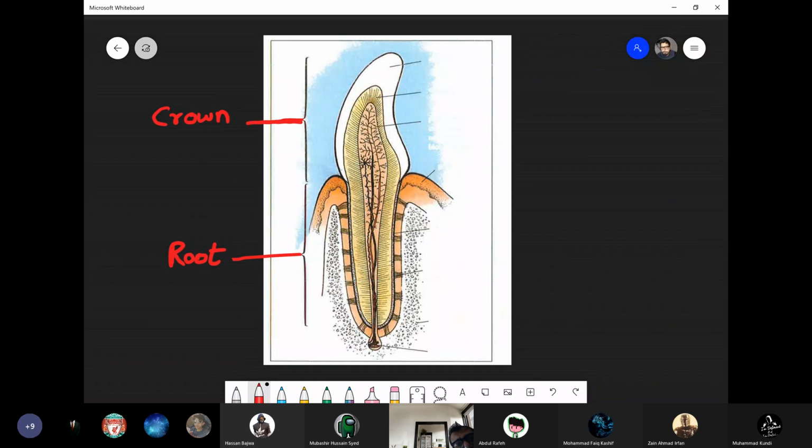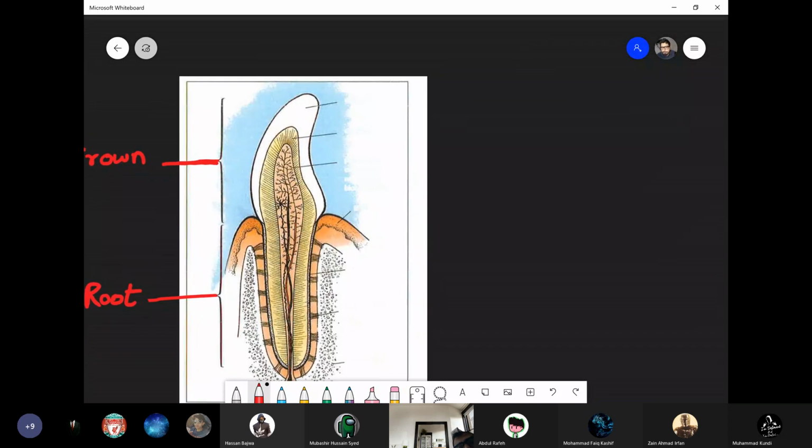Then, boys, look here. This white part of the tooth is called enamel. Now, boys, let me tell you that enamel is the hardest material of our body.